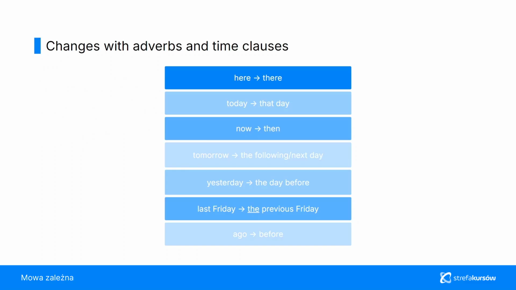Tenses and verbs are not the only elements of the sentence that have to be changed when it comes to reported speech. We also adjust adverbs and time clauses. And this table should picture it perfectly, I'd say, because these are the most common clauses and adverbs used in reported speech and in everyday language, basically. We must remember the key thing here.